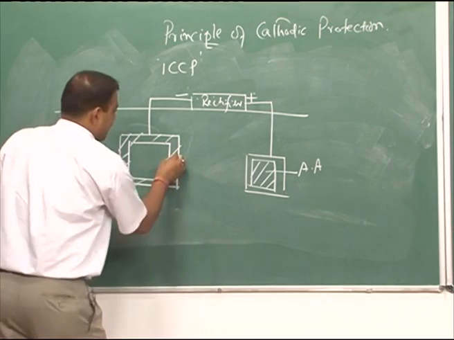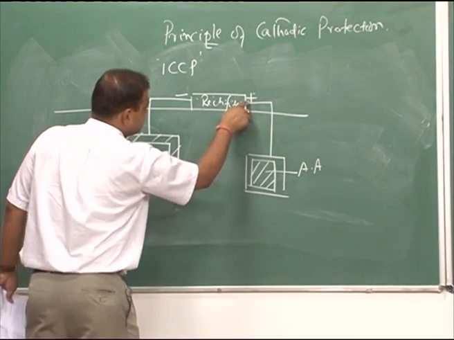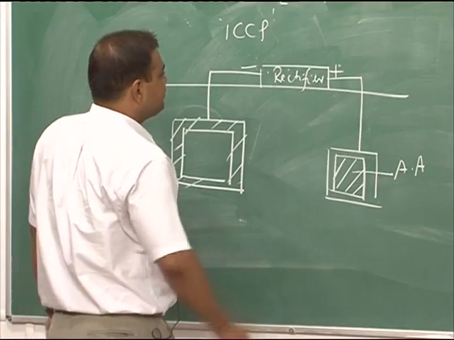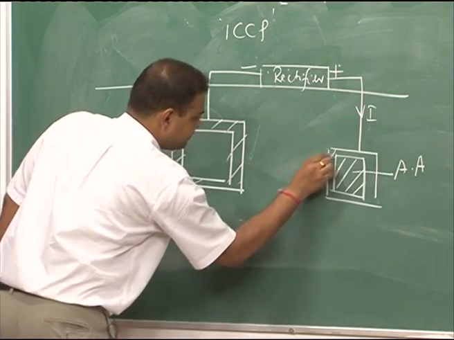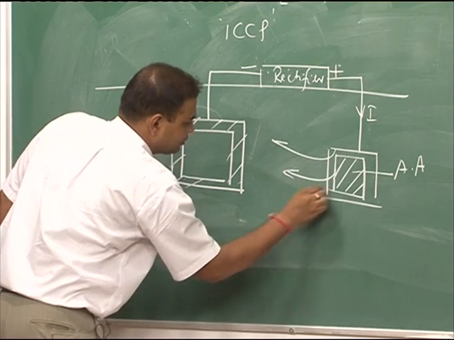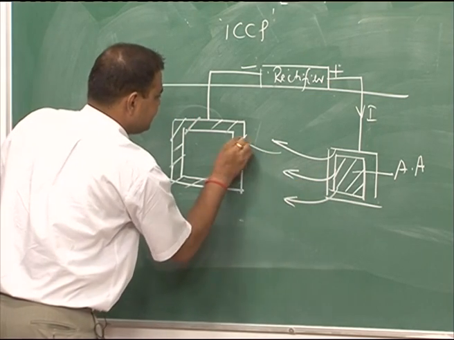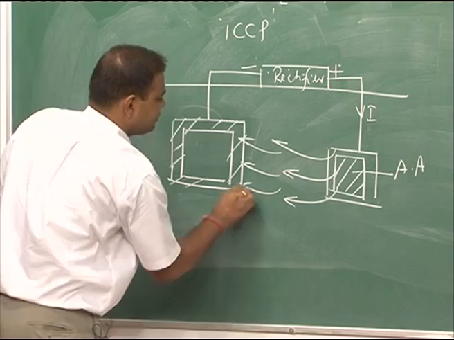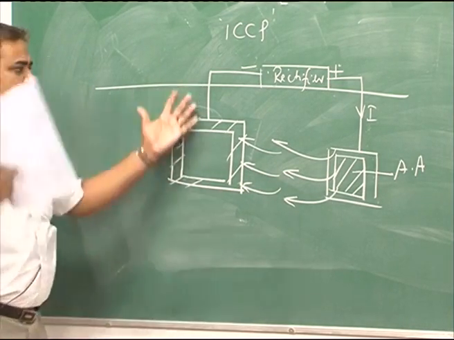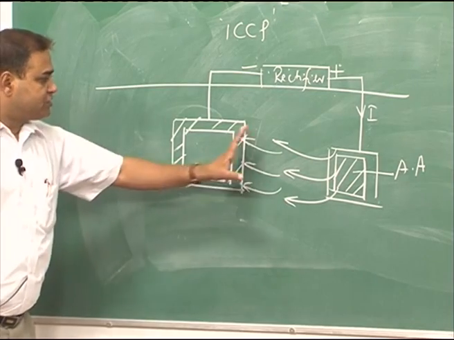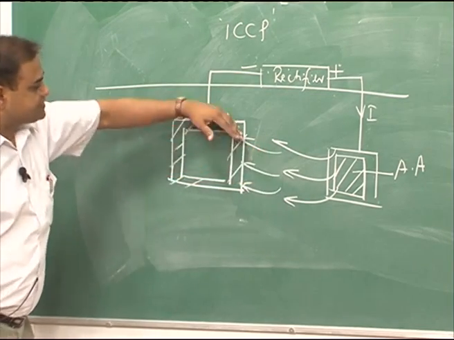This is the cathode, and this is the auxiliary anode, since we have connected it to the positive terminal, and we send DC current. So, the current leaves the anode surface and enters the cathode surface.